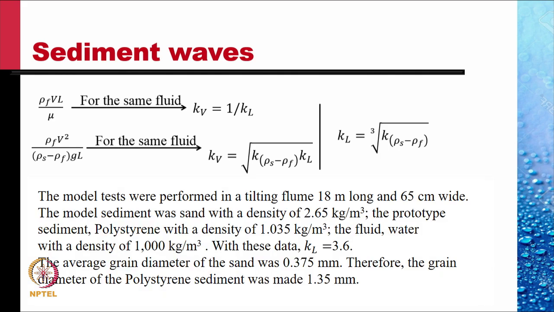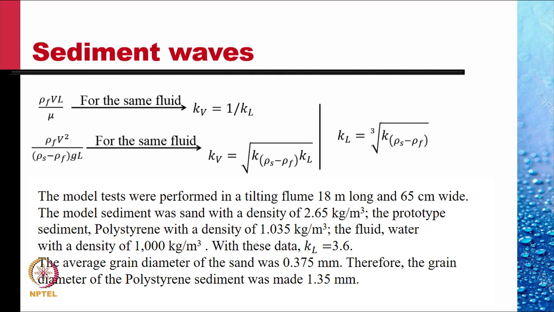The model tests were performed in a tilting flume 18 meters long and 65 meters wide. The model sediment was sand with a density of 2.65 kilogram per meter cubed. The prototype sediment was polystyrene with a density of 1.035 kilogram per meter cubed. The fluid was water with a density of 1000 kilogram per meter cubed.